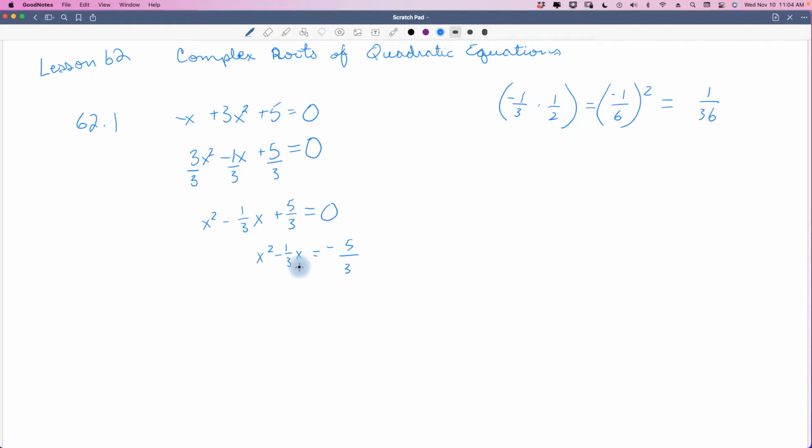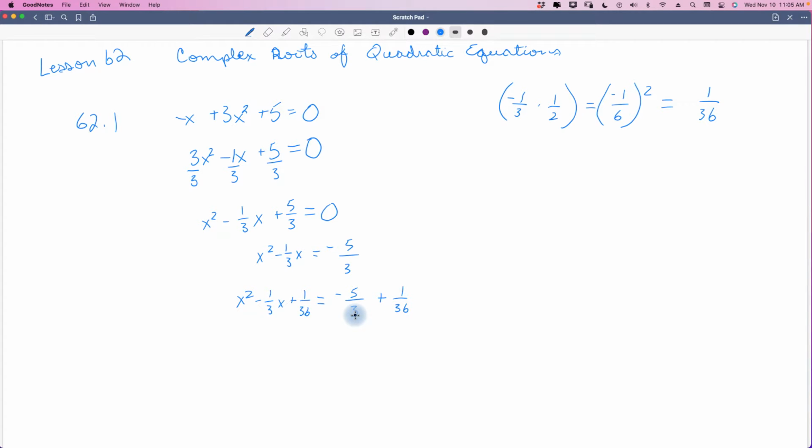That's what we add to both sides. So we say x squared minus 1/3 x plus 1/36 is equal to -5/3 plus 1/36.